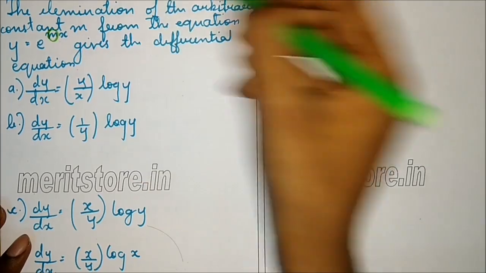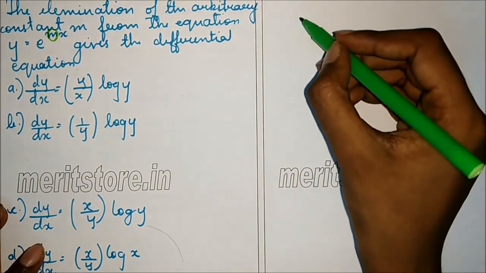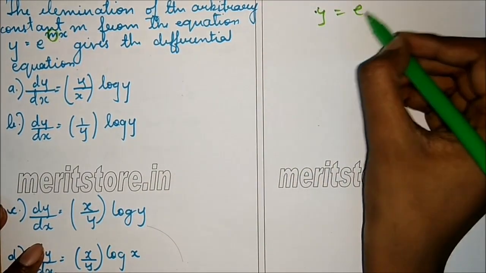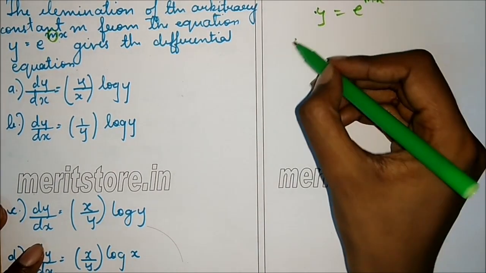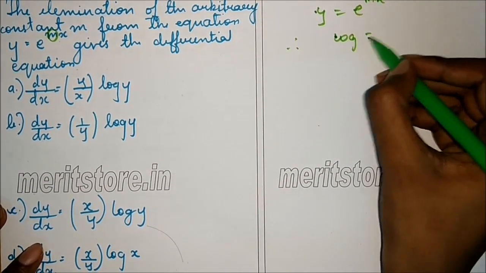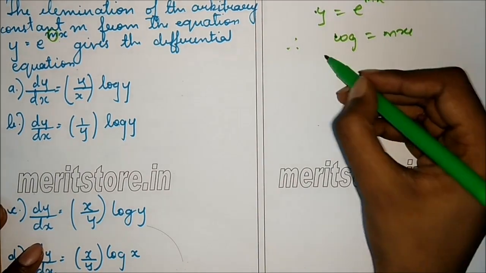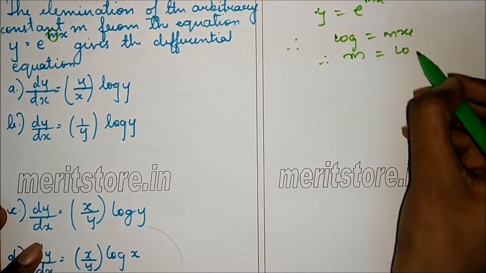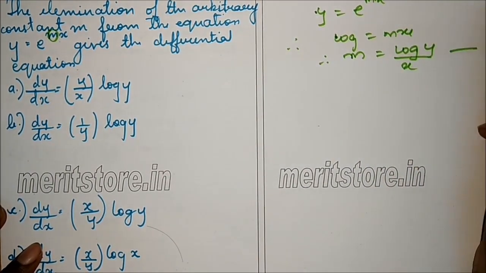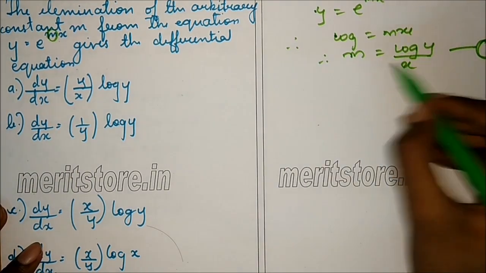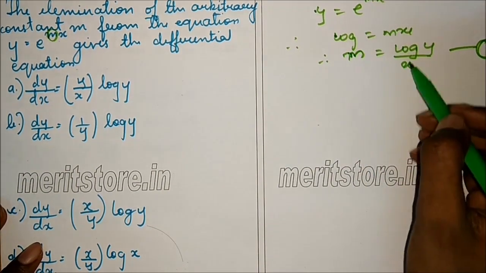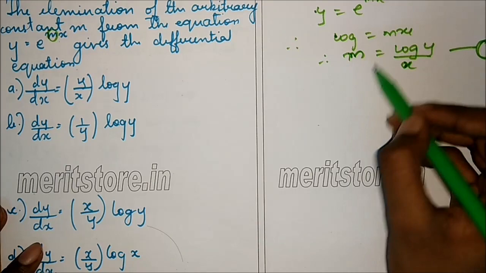So first we write the given equation y equals e raised to mx. Therefore log y will be mx. So therefore m will be log y by x. Let this be equation 1. We got m in terms of x and log y, so we can remove m.